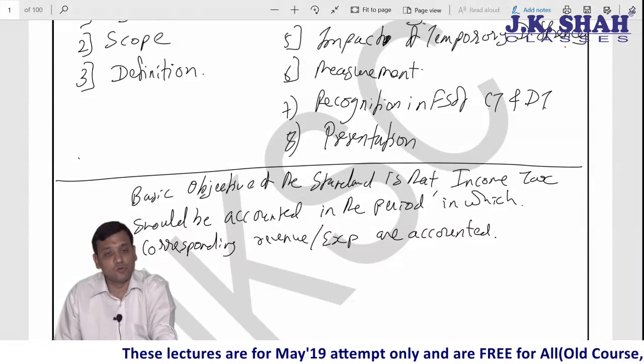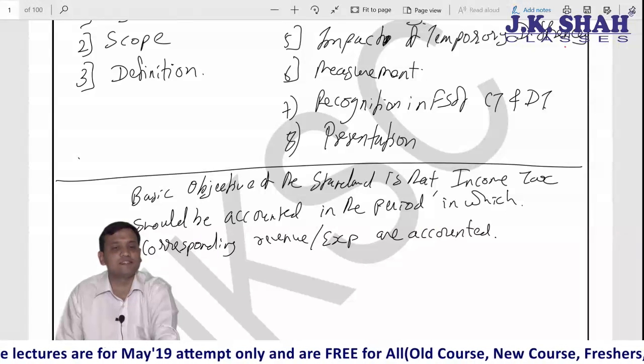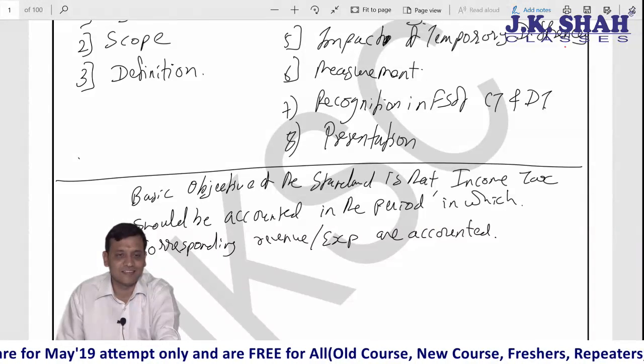So what I have to do is account for that income tax in the period in which the expense and revenue are getting recognized in the books of accounts.